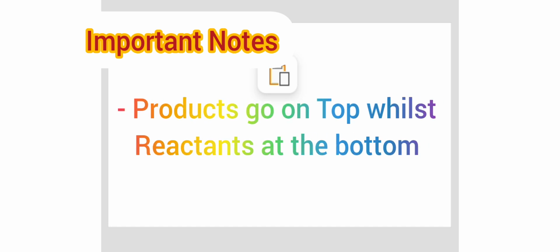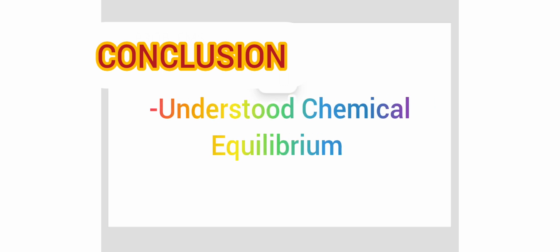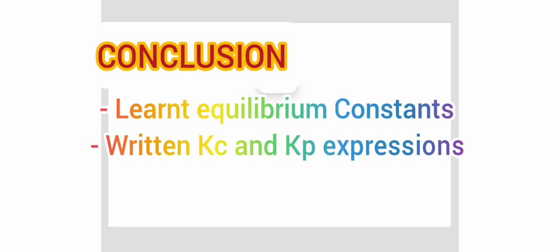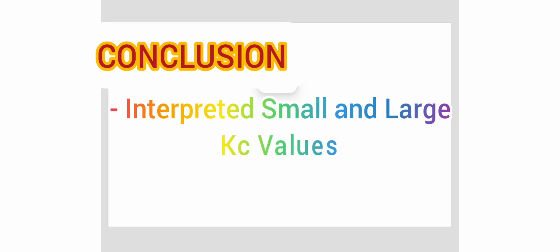Products only go on top. So in this video we have understood chemical equilibrium, seen why it's dynamic, learned equilibrium constants, written Kc and Kp expressions. We have also interpreted large and small Kc values.